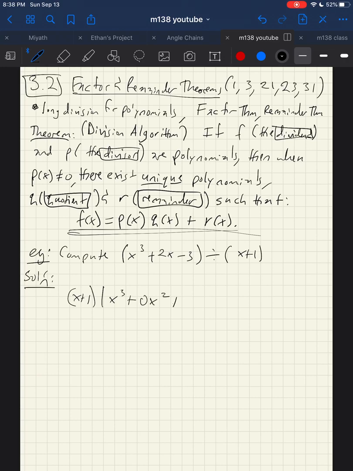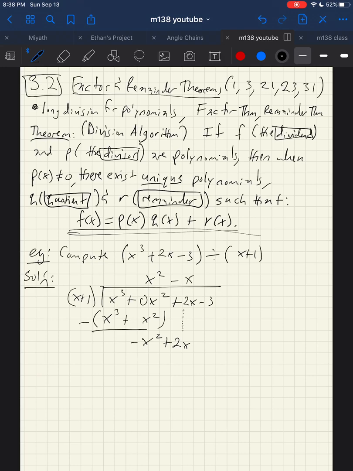We put x cubed plus 0x squared plus 2x minus 3 inside of the house, and then we divide. So how many times does x plus 1 go into x cubed? It goes in there x squared times, so I get x cubed plus x squared. I subtract, and I get negative x squared.